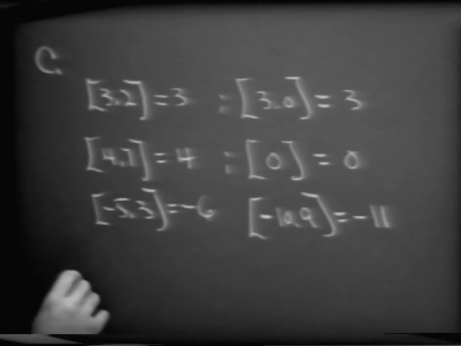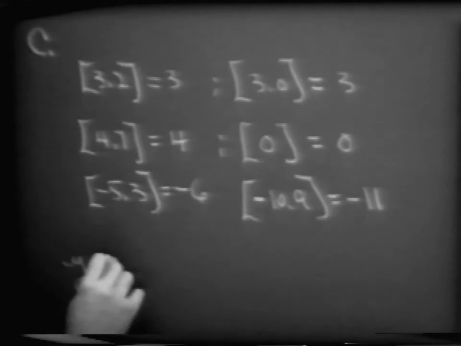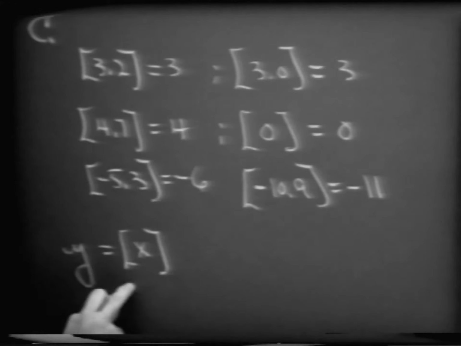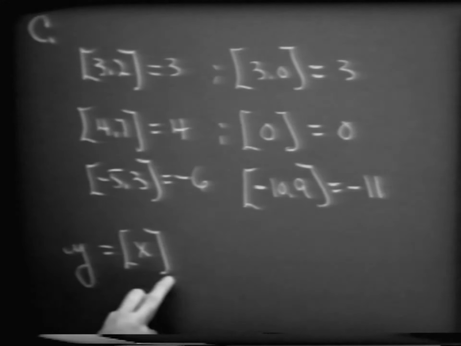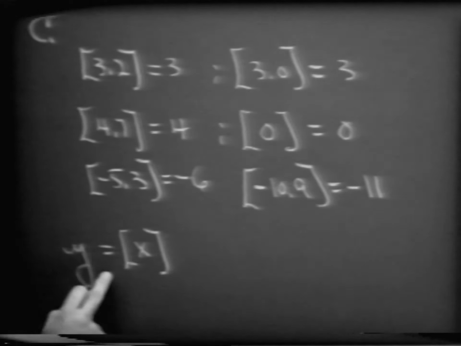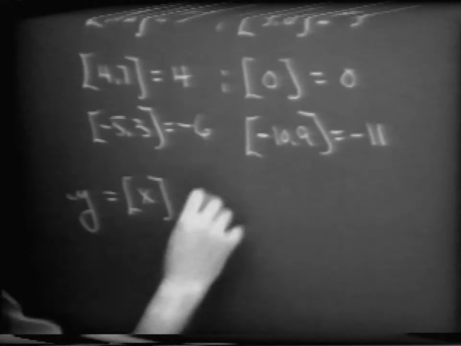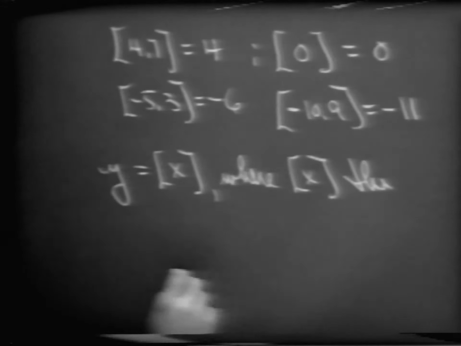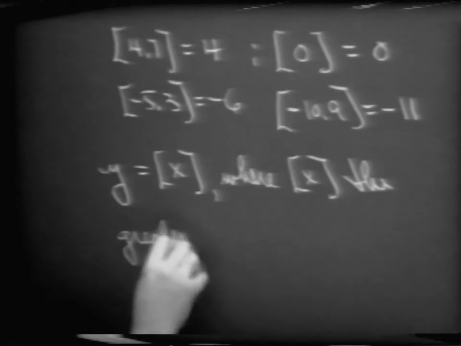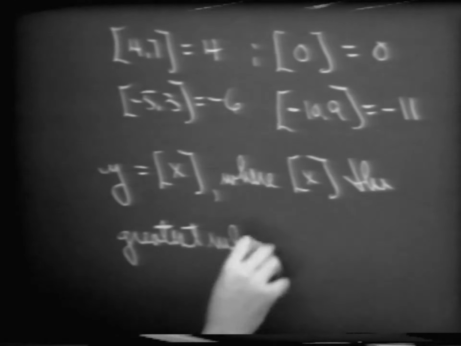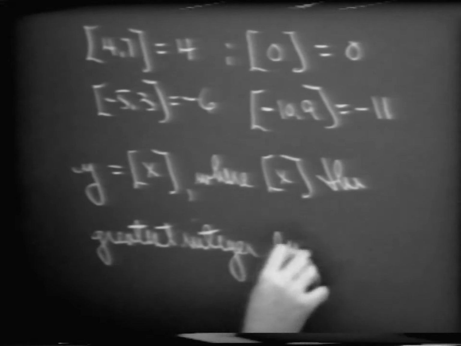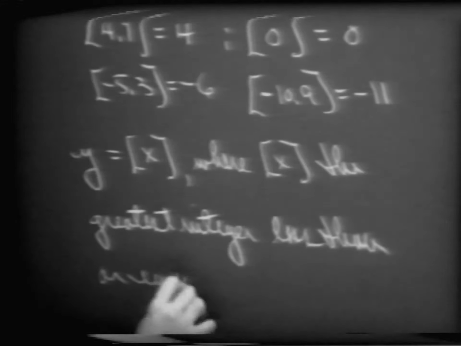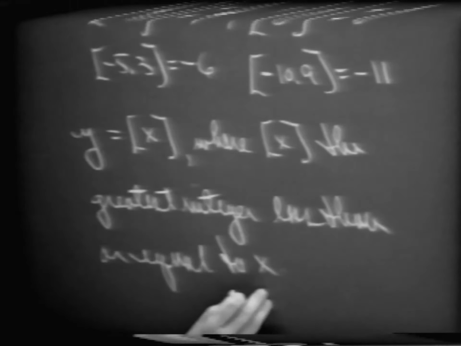this is a notation which describes a function which I will write in this pattern with what looks like a bracket notation, but a rather heavy bracket, in which we say that y is equal to the greatest integer of x, where this notation means the greatest integer less than or equal to x, all right?